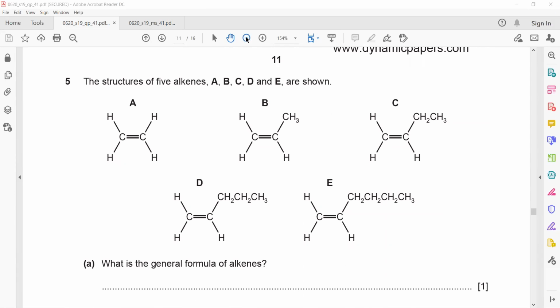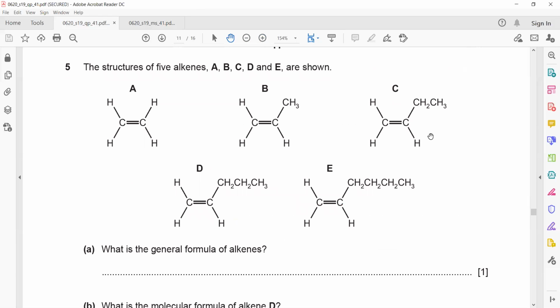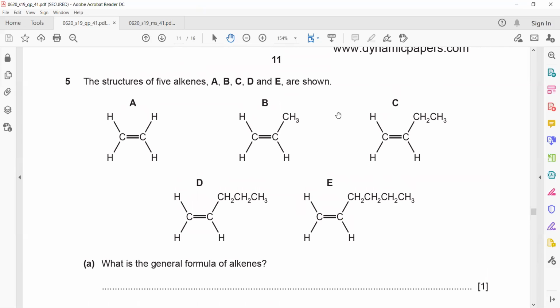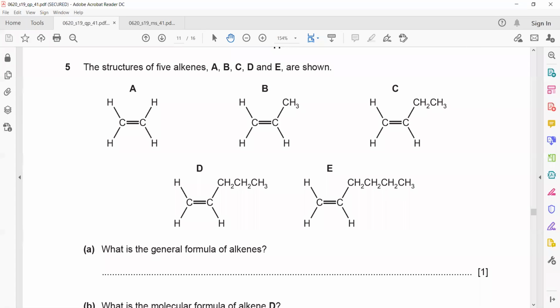This question is about organic chemistry. The structures of 5 alkenes are given as shown. What is the general formula of alkenes? General formula for alkenes. CnH2n+2 is for alkane.